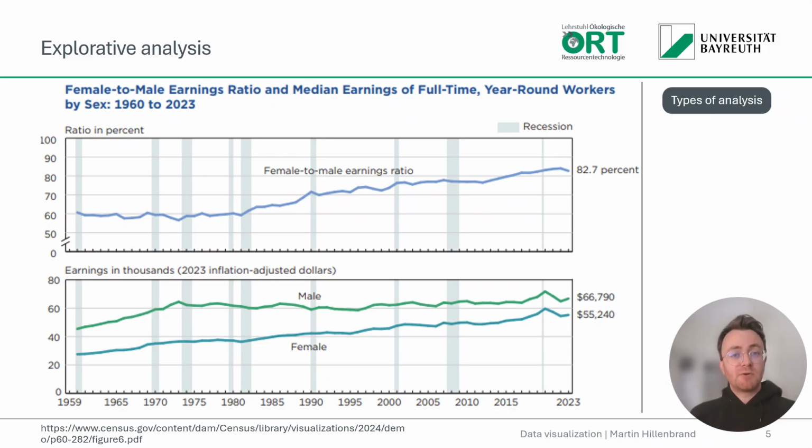And so this is explorative analysis, because you are taking the data and you are combining it with other observations. So observations for male and female earnings, or male and female workers and their earning, and you calculate the ratio out of it to show and to explore, okay, what is happening, what trends can you see in the data, for example.